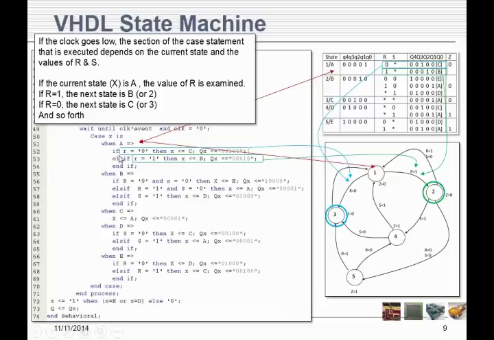So here, if R is equal to 0, then I'm going to go to state C. Z says it's a 1 if I'm in E or D, but I'm not, so it'll be a 0, just like it should be. And here's my value for Q, and so that's going to be the value for Q down there.